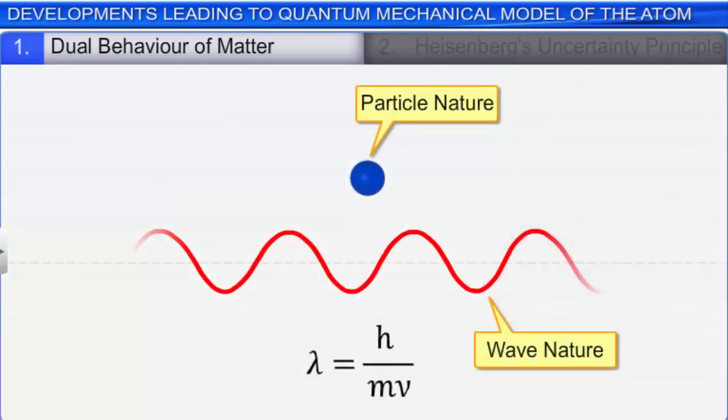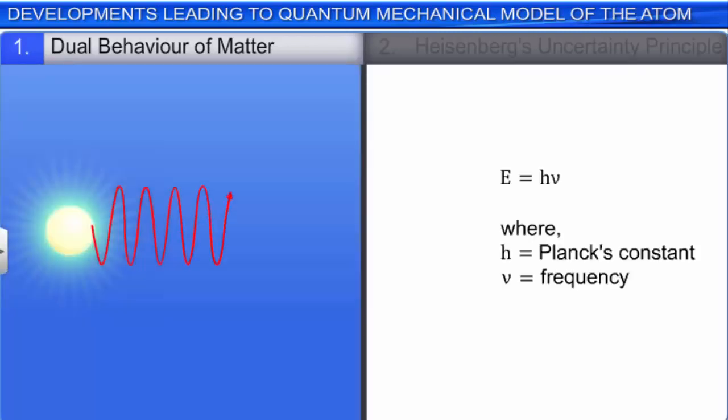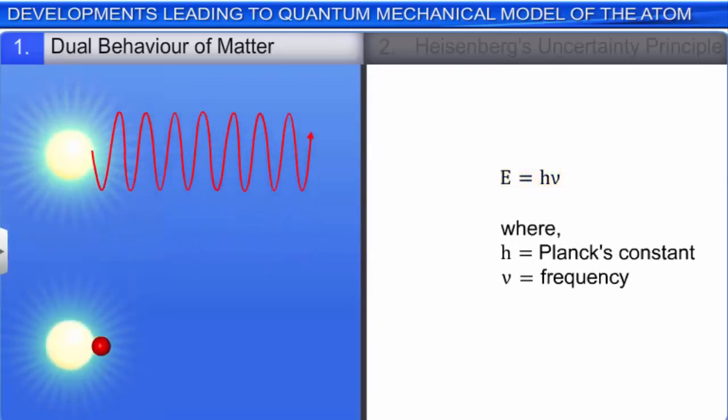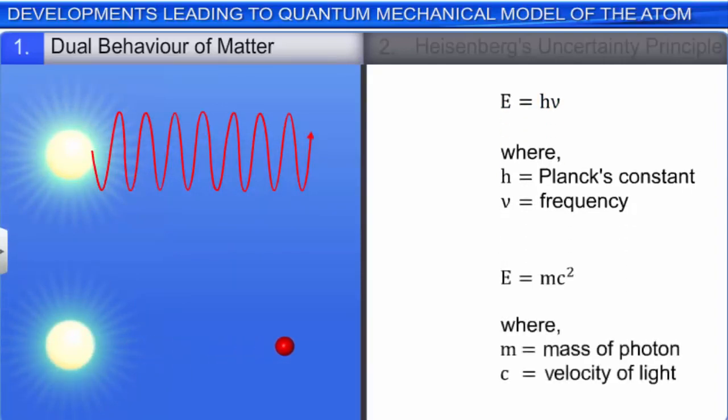He also gave the relation between wavelength and momentum of a material particle based on the energy equations of photons in their wave and particle forms. A photon displaying wave character has energy equal to h multiplied by nu. A photon having a particle character has energy equal to m multiplied by c raised to the power 2.